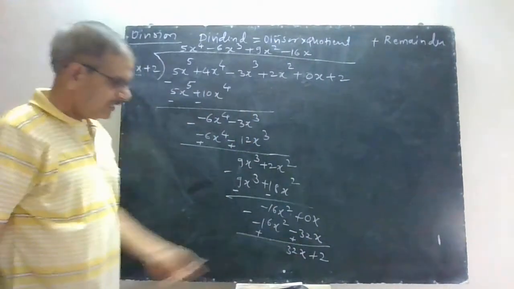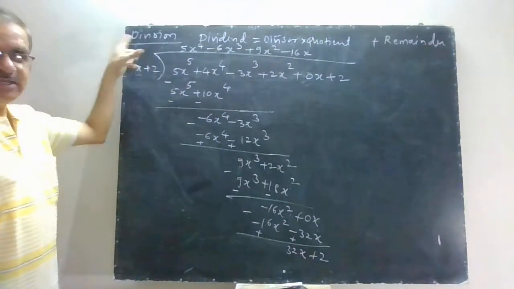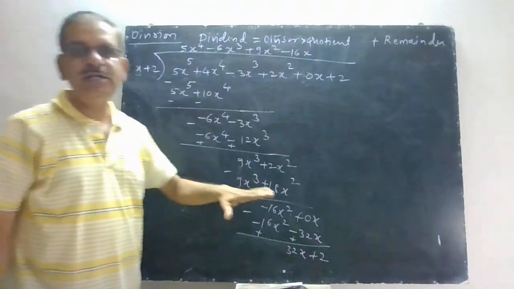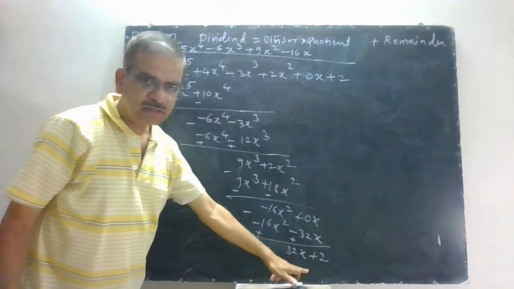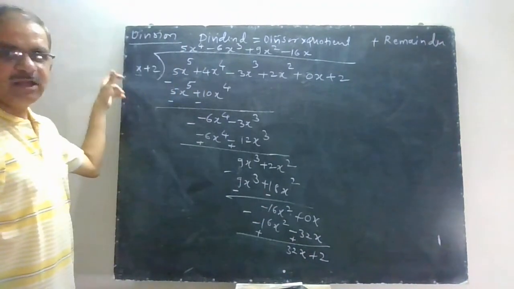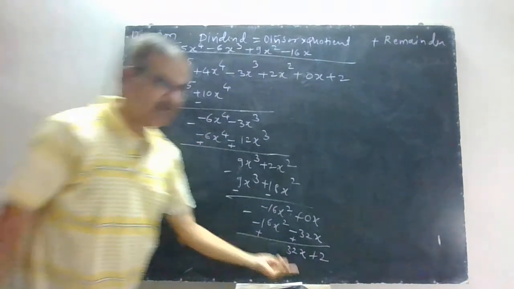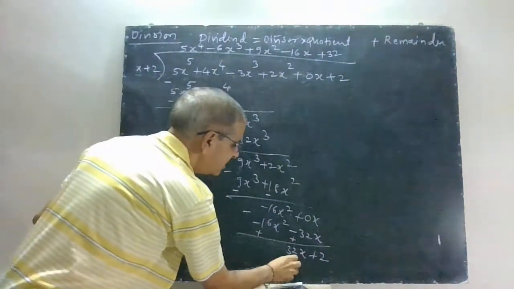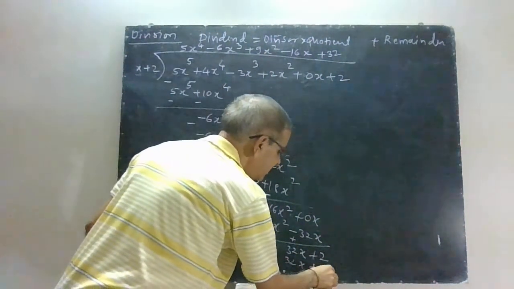Now see, the degree of this remainder is 1, and the degree of the divisor is also 1, so you have to do one more step. You have to continue the process of division till you get the degree of the remainder less than the degree of the divisor. Now they are the same, so you do one more step. Here x, here 32x, so it gives you plus 32, and now it is 32x plus 32 into 2, that is 64.